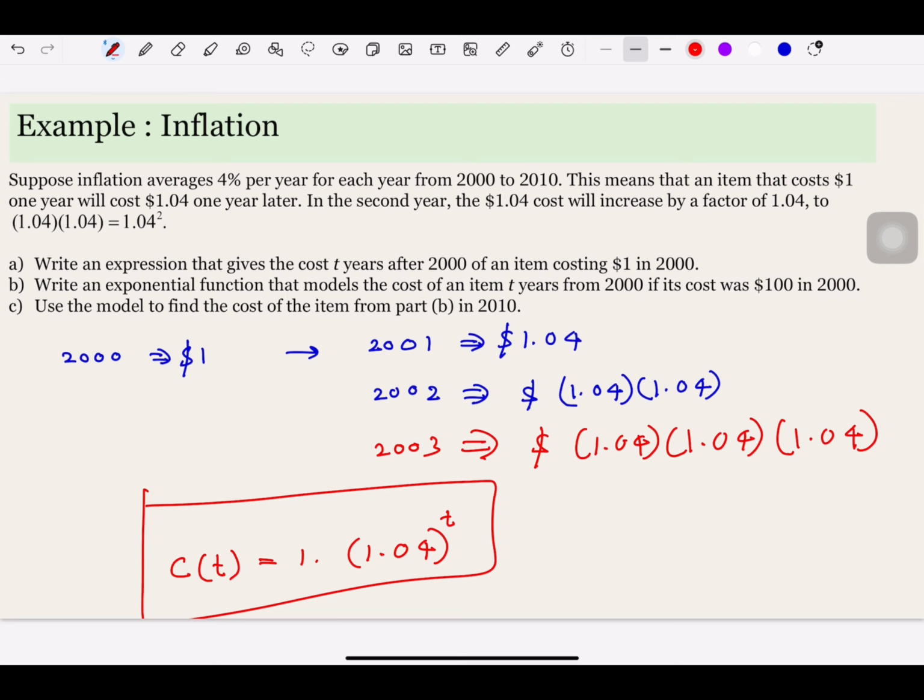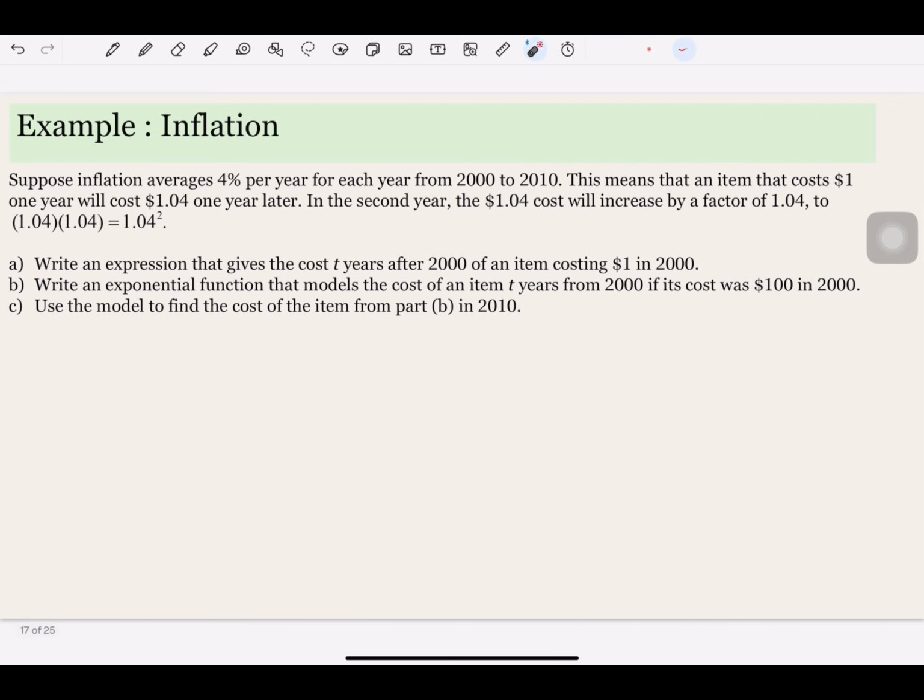Okay, moving on, the second part. So here you have to write an expression for the cost t years after 2000. But this time, the initial amount of the cost is $100. So in part A, we started with $1, but here the initial cost is $100.